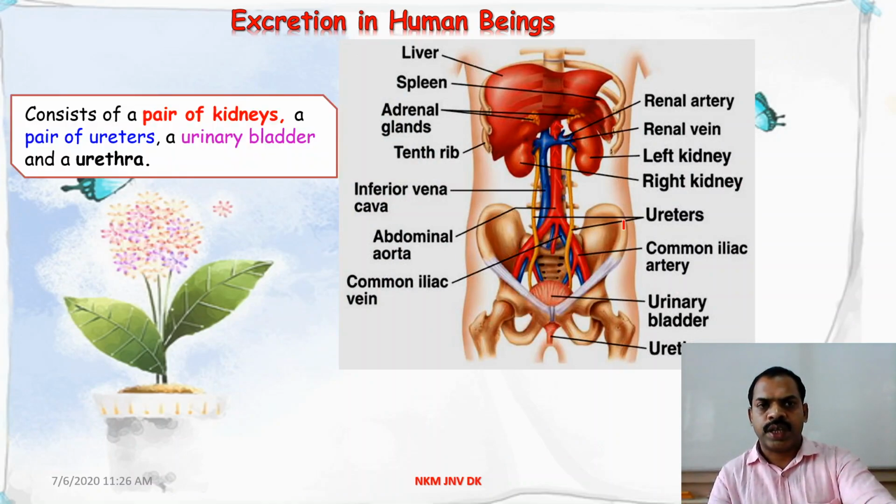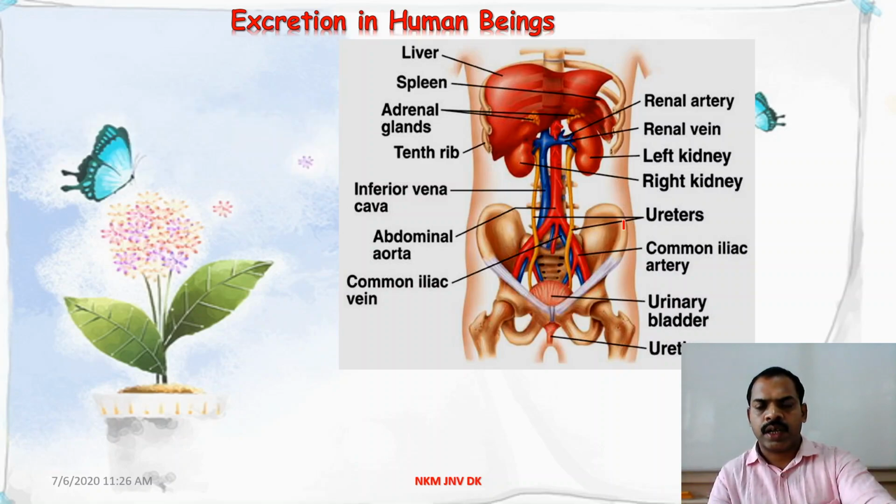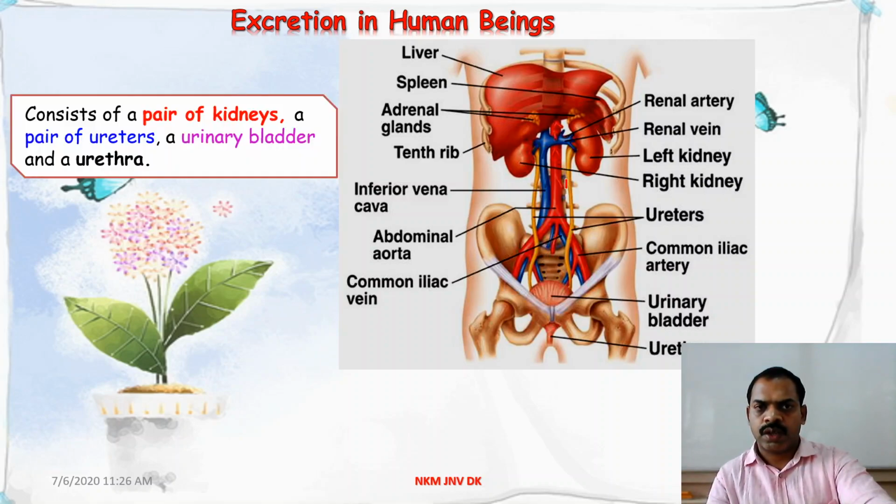In human beings, we have a system of organs, a group of organs. We can see here a pair of kidneys, left and right, a pair of ureters connecting to the kidneys here, and a urinary bladder.